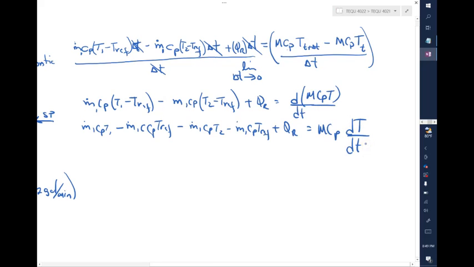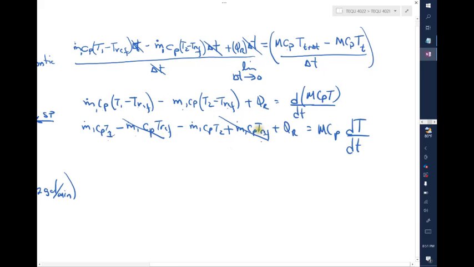Now check this out. Let me fix this, it's kind of ugly. M1 Cp T1 minus M1 Cp T reference, but I have here, let's see, minus, this is positive. I'm going to check the sign. This negative, minus this negative, positive. Now these cancel out with this one, they are the same.